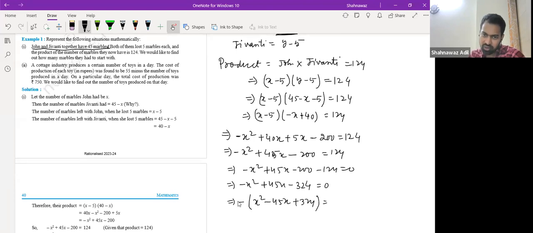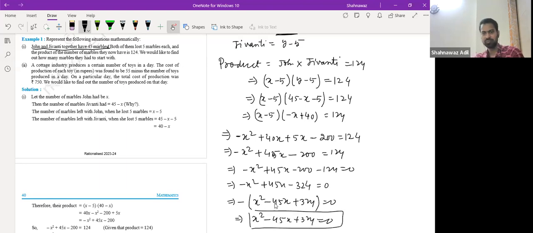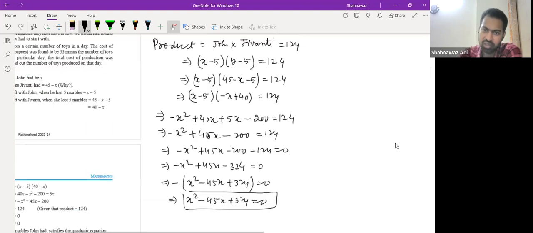And this is 0, and we can take it to the other side. So this is the desired equation that we have. Now we have to solve this.